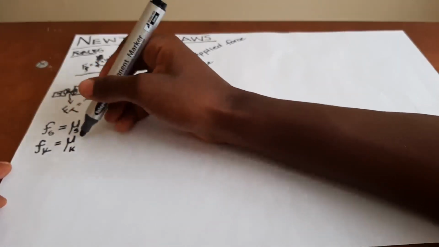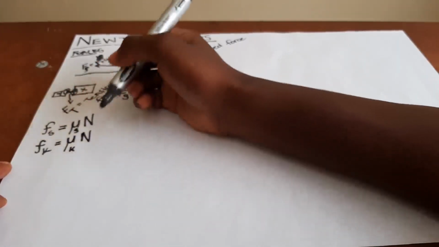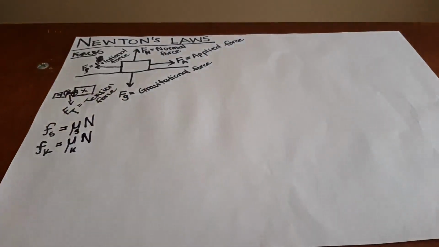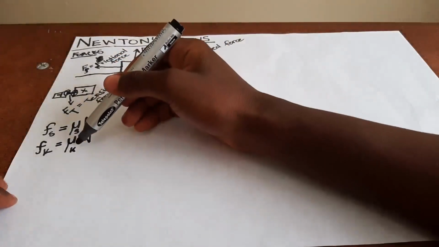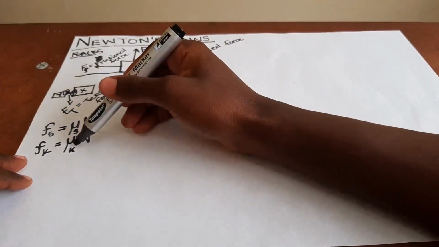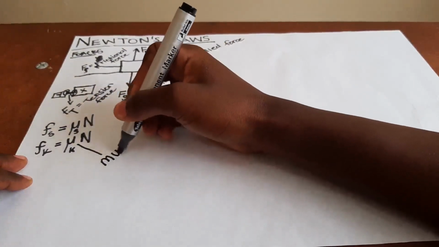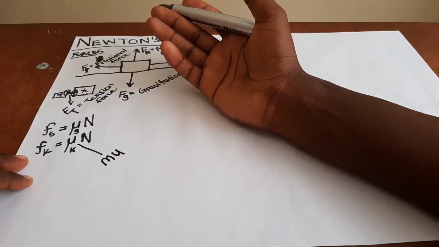These are the formulas looking the same for the static frictional force and the kinetic frictional force. So this, mu k or mu s, this is mu.